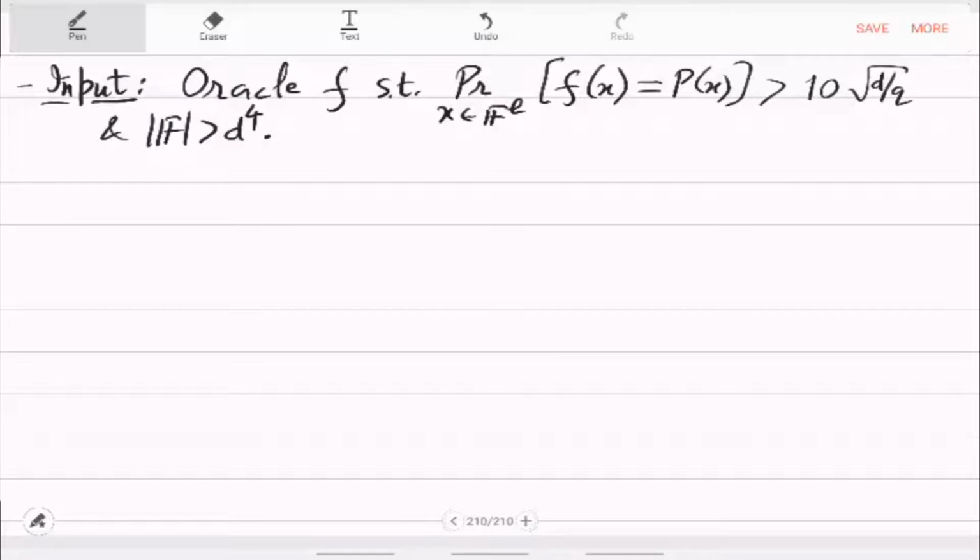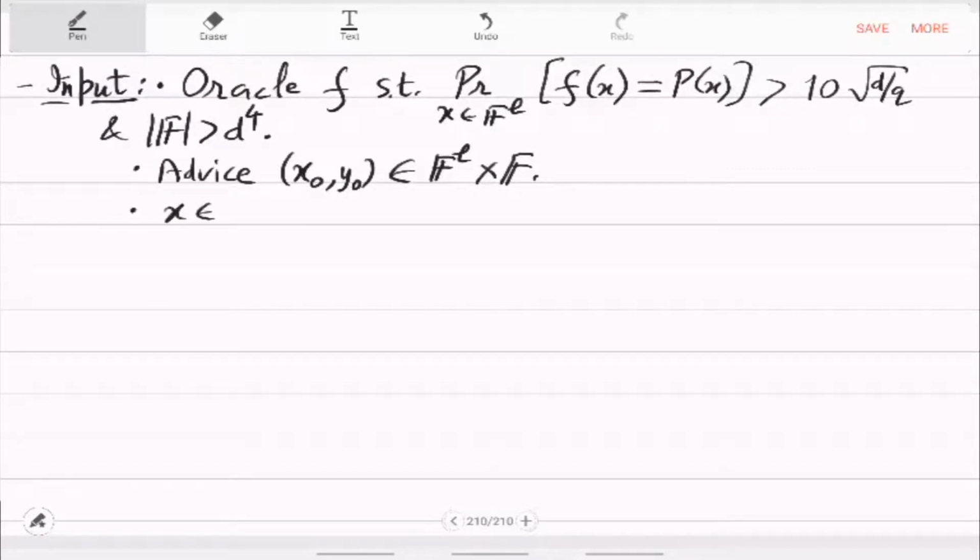This is given in the input, advice is given, right, this we said in the idea, and x is given. In the output you want evaluation of this unknown p on x, so a field element.